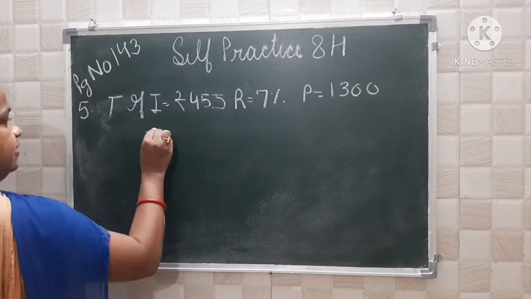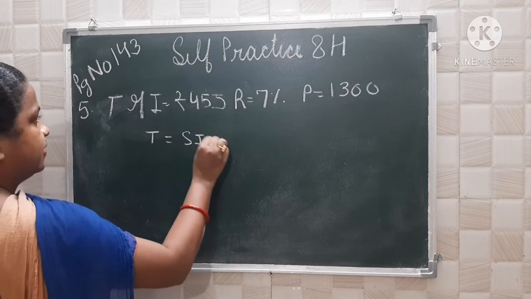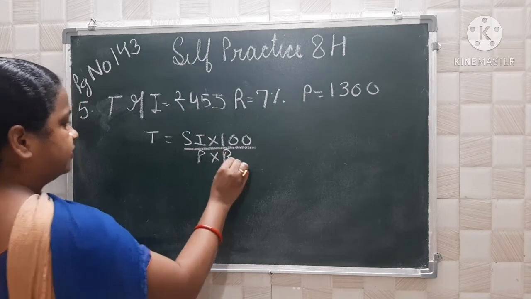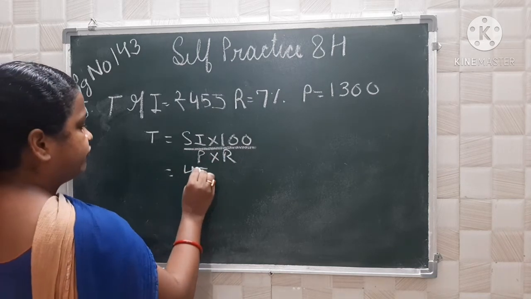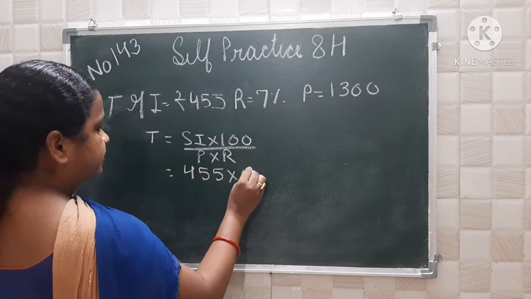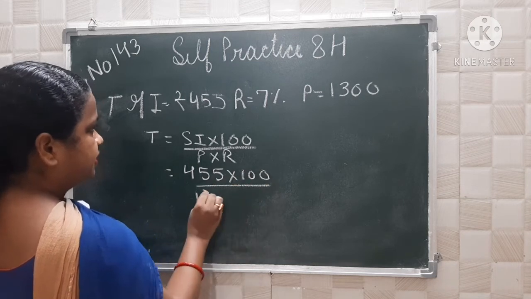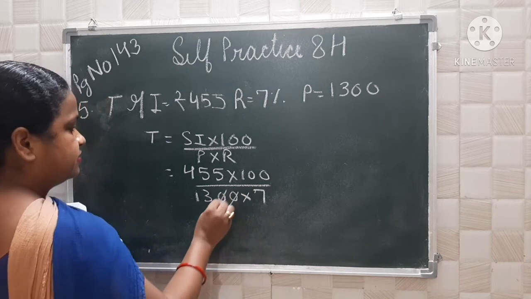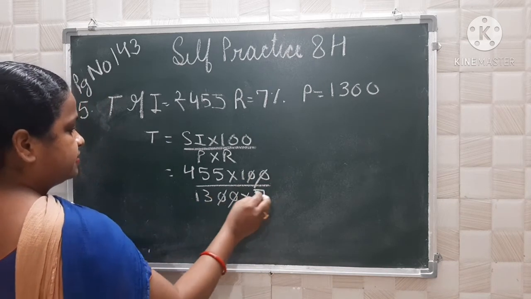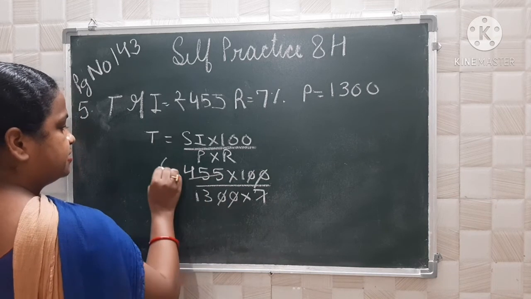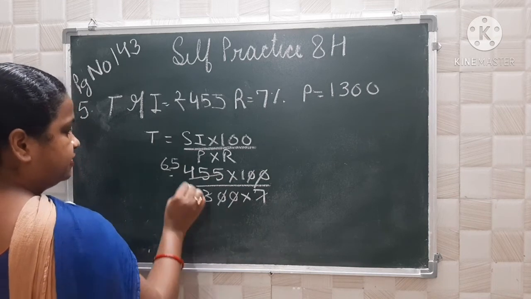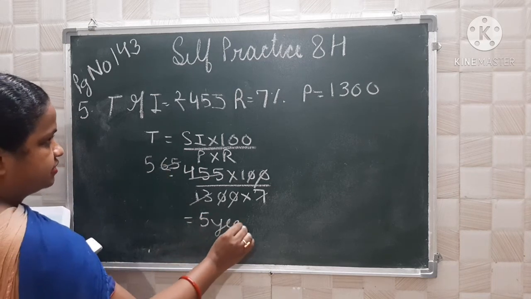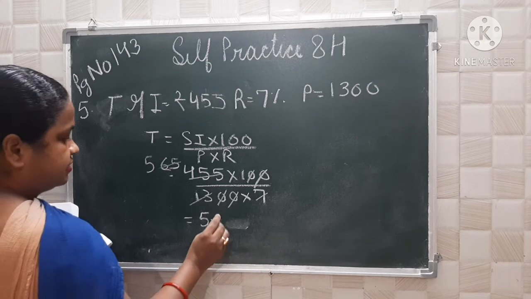So T is equal to SI into 100 upon P into R, which will be equal to 455 into 100 upon 1300 into 7. 0 0 cancel out. 7 6 are 42, 7 5 are 35. 13 5s are 65. This is equal to 5 years.